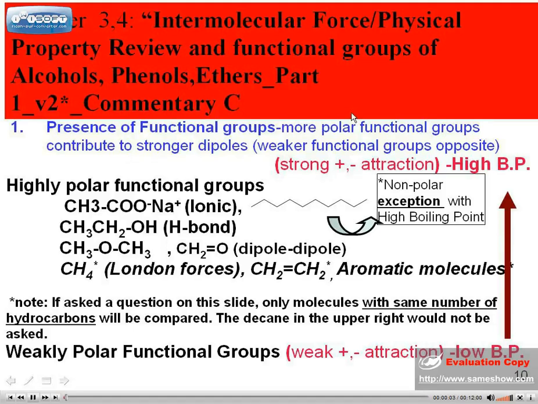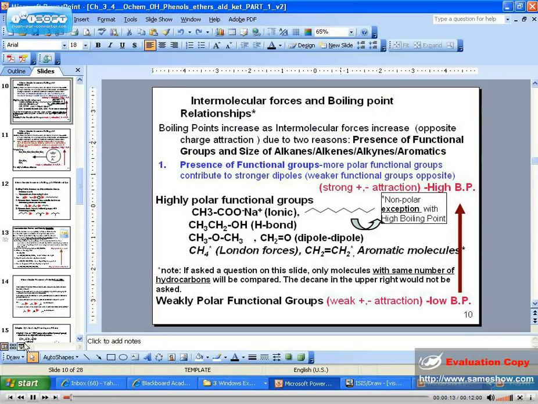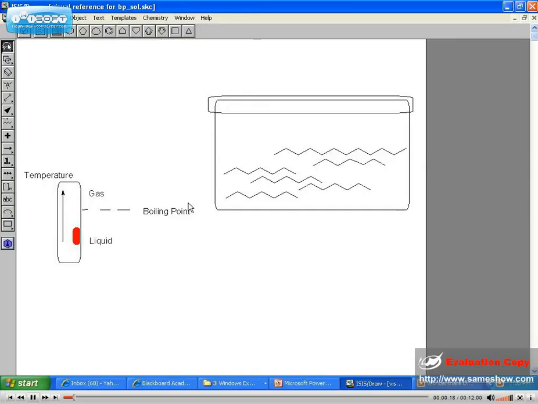So continuing our intermolecular forces talk, we're now going to focus on boiling point. Just to refresh our memory of boiling point, here I have a crude thermometer right here, and right now it's in liquid form.